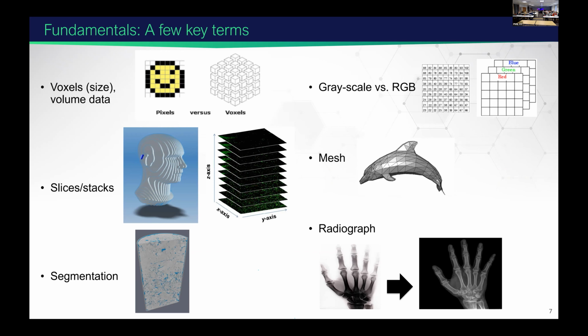The mesh is basically a polygonal approximation of the 3D shape. In this case, you see triangles that approximate the body of a dolphin. And these meshes are often used in models, where the 3D data is converted into a mesh.